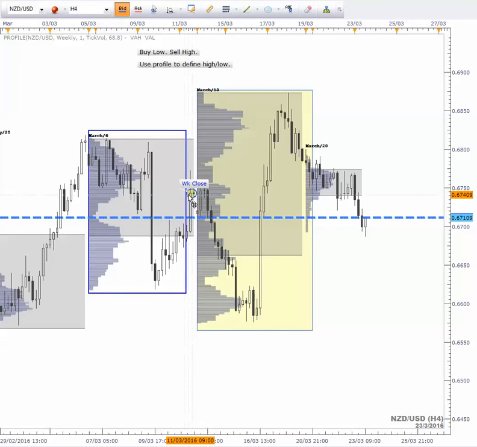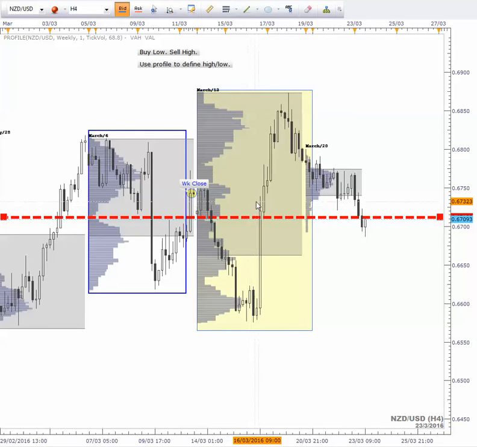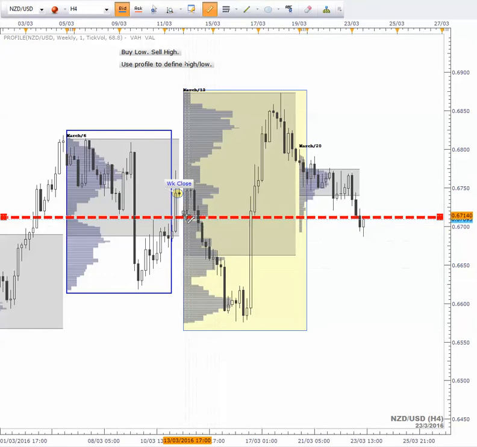So I am now above this low, the low volume point. And I'm going to then define this low volume point as a low. So the red line is a low, and I'm looking to be a buyer off of the red line, and I'm looking for price to move up.